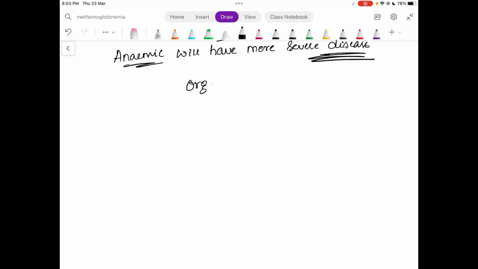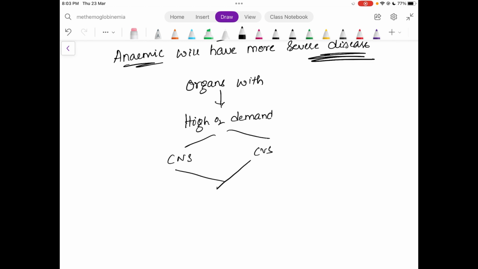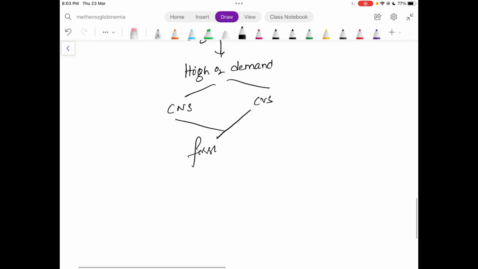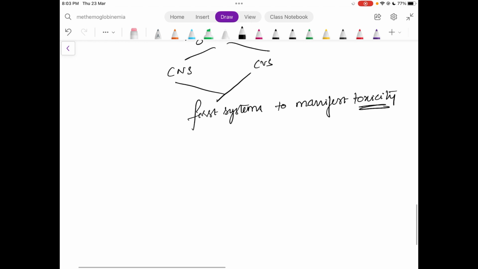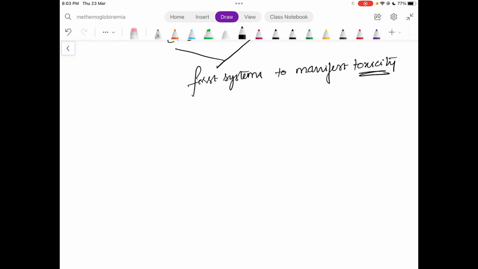Okay, next, organs with high oxygen demand like CNS and CVS are the first systems to manifest toxicity. So most of the symptoms are related to CNS and CVS.